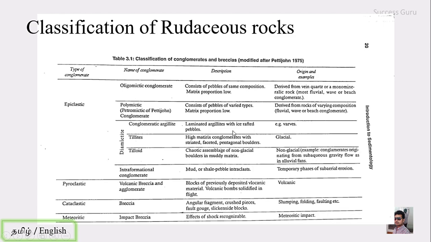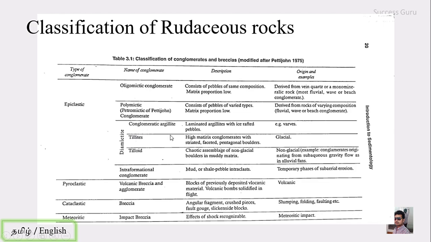And polymictic consists of varying types of clasts, derived from rock of varying composition, and this is also formed as fluvial, wave, or beach conglomerate. But diamictic, as we mentioned earlier, has a higher proportion of matrix and is classified into three: conglomeratic argillite, tillites, and tilloids.